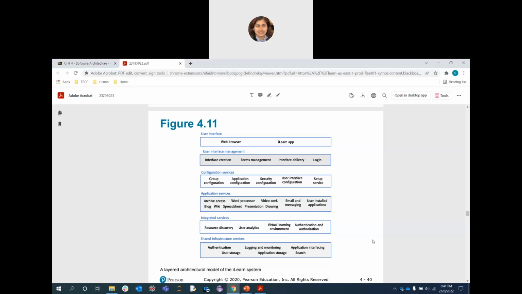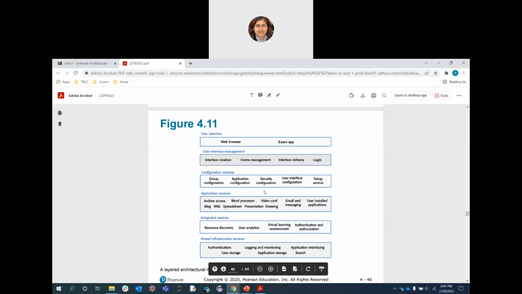So this is a similar type of layered architecture model specifically for the iLearn system. So here what we have to do is consider each component in the system as a service, and any of the services is replaceable, and new services can be created by combining the existing services. So every component in the system is a service and it can be replaced.